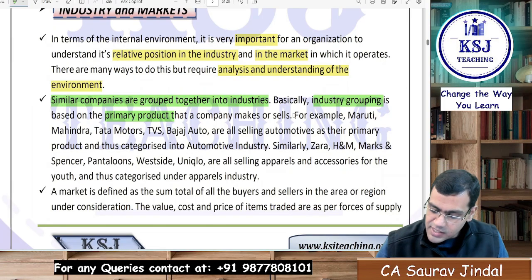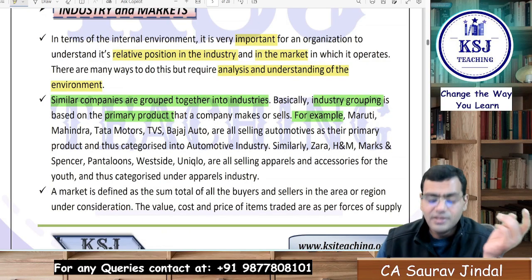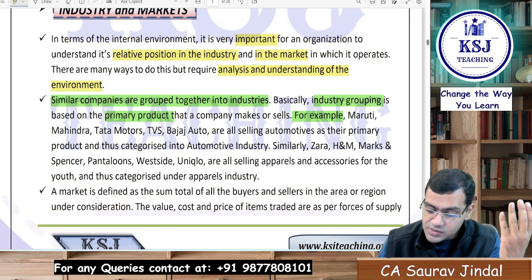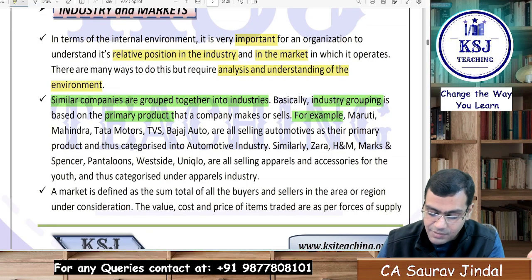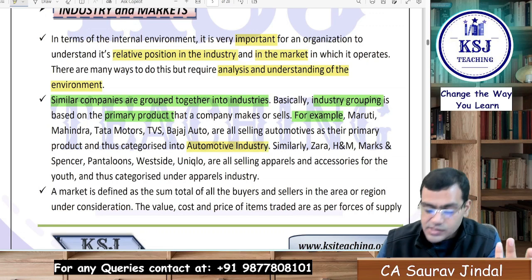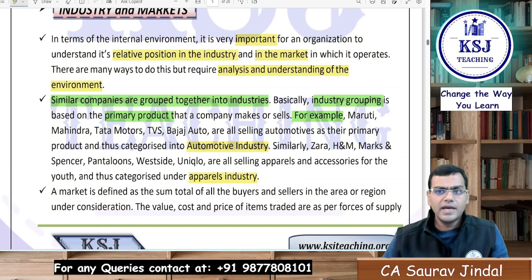For example, Maruti, Mahindra, Tata Motors, TVS, Bajaj are all selling automotives as their primary product and thus categorized as the automotive industry. Similarly, Zara, H&M, Marks & Spencer, Pantaloons, Westside, Uniqlo are all selling apparels and accessories for youth and thus categorized as the apparels industry.